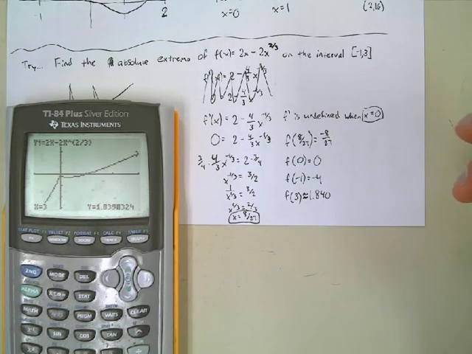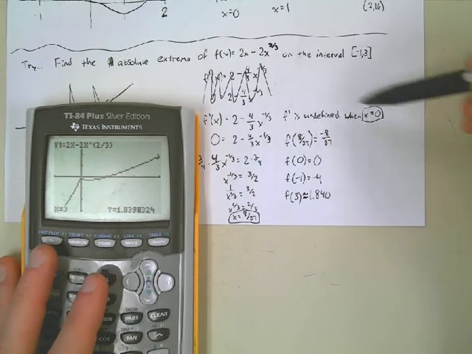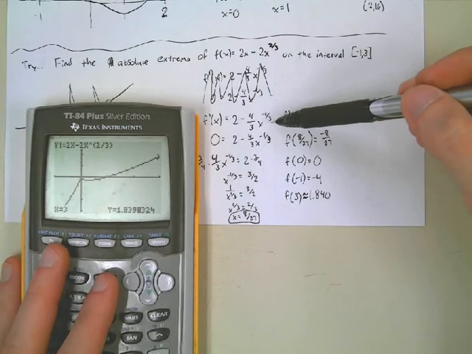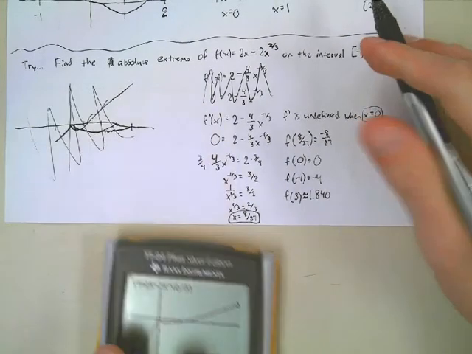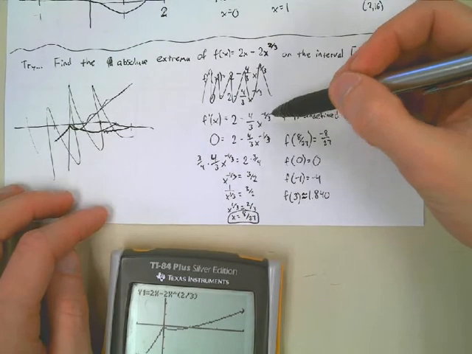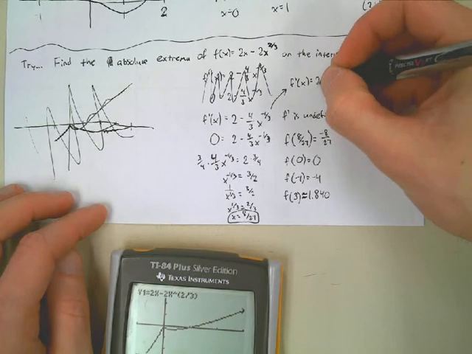Question? How did you know to do f of 0? Because 0 makes my derivative undefined. You just have to look at the problem. If I rewrote this derivative, it's 2 minus 4 over 3x to the positive 1/3.